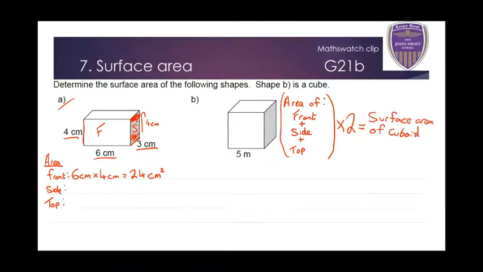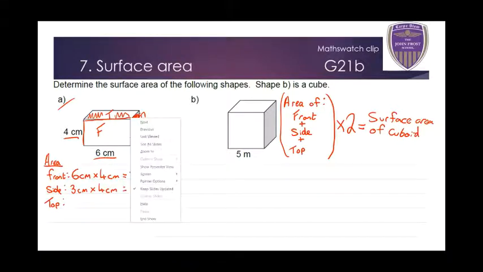So for the area of the side, I need to do 3 centimeters times 4 centimeters. 3 times 4 is 12, and because it's an area, it's going to be centimeters squared. Then for the top, I need to find the area of this panel here, and it's going to be the same as the front actually, because we can see we've got 6 centimeters there.